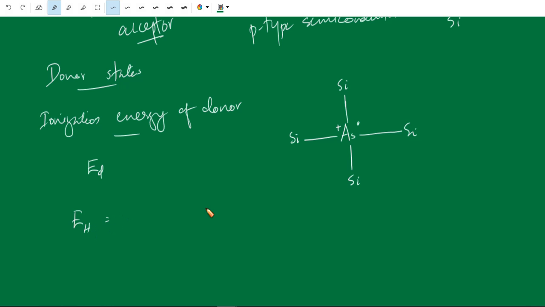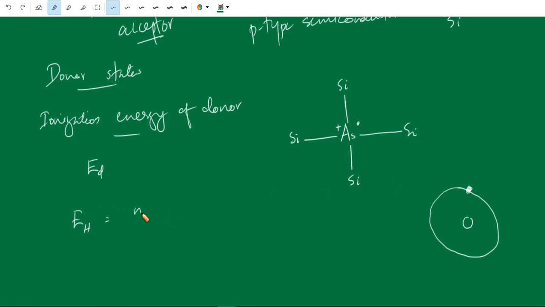This is similar to a hydrogen atom because the electron is revolving around the impurity ion, just as an electron revolves around a proton. In the first orbit the ionization energy is 13.6 electron volt.